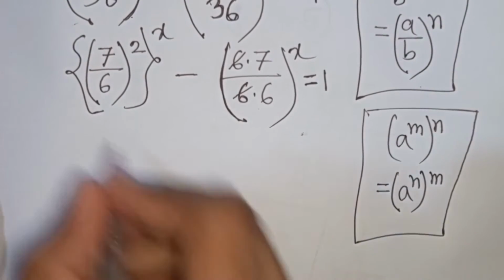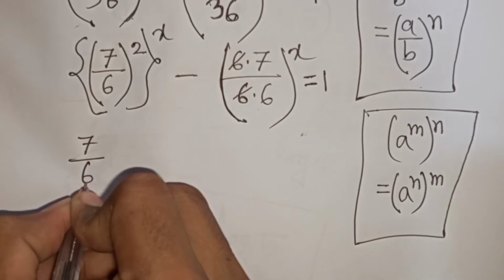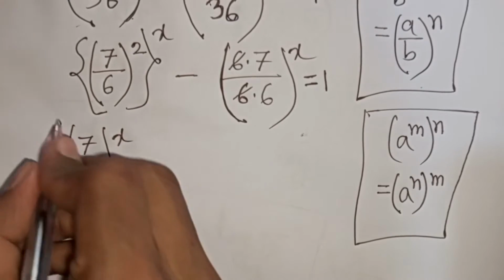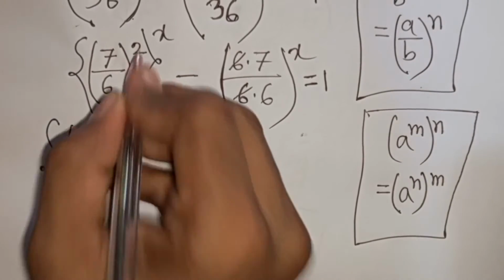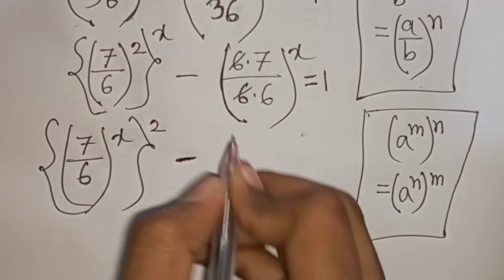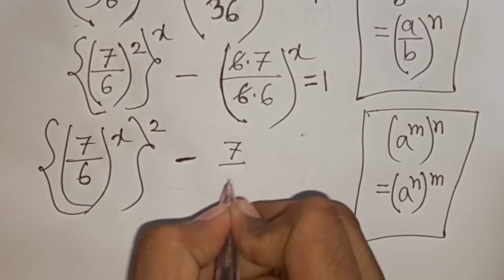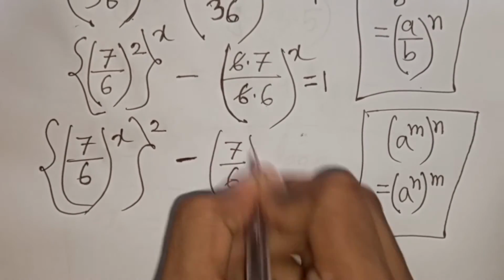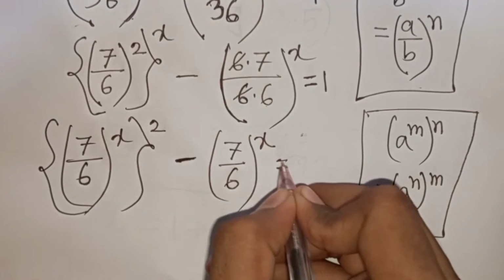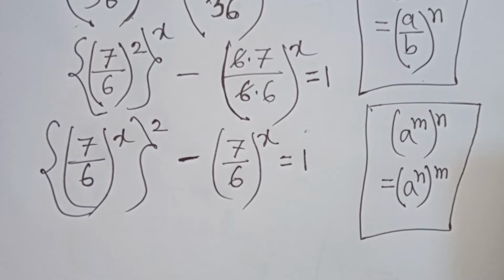So according to this rule we can write here 7 over 6, then bracket power of x, then second bracket power of 2, minus 7 over 6, then bracket power of x is equal to 1.